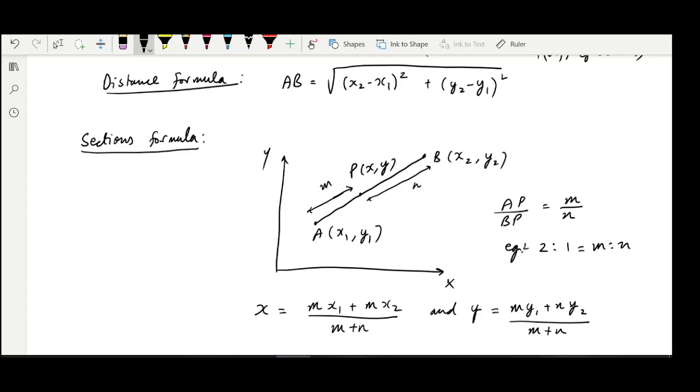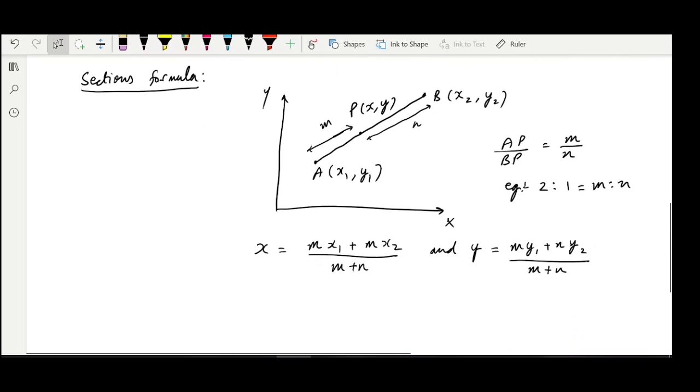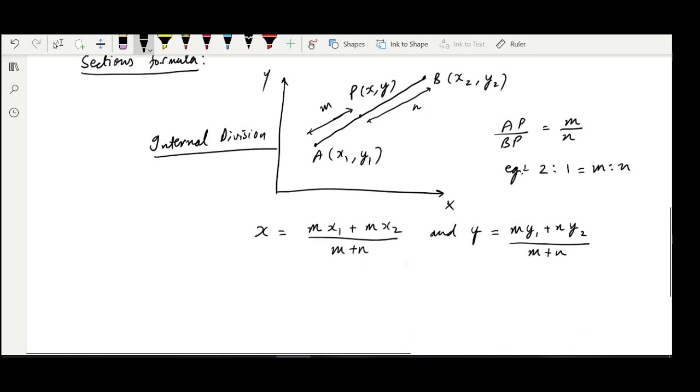As you can see, this point P divides the line AB internally. The point is within the line AB and it divides this line internally in the ratio m:n. This is internal division.